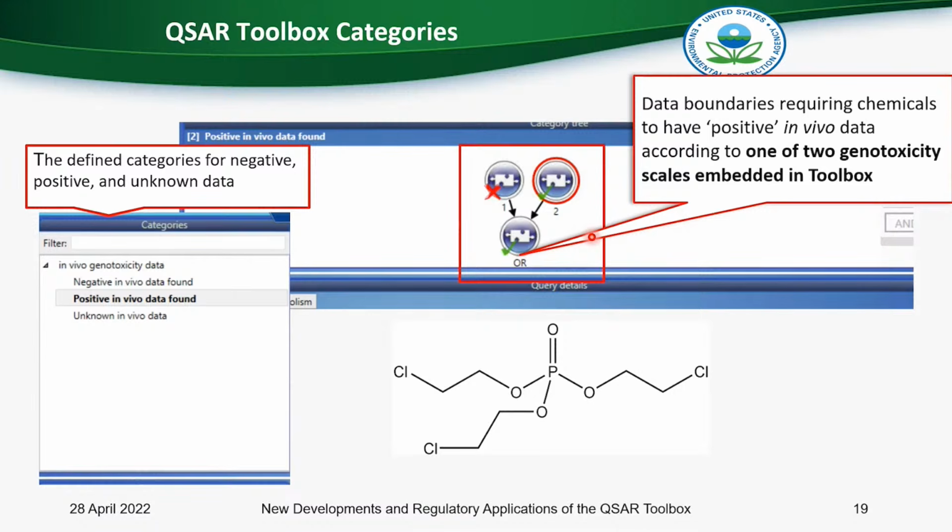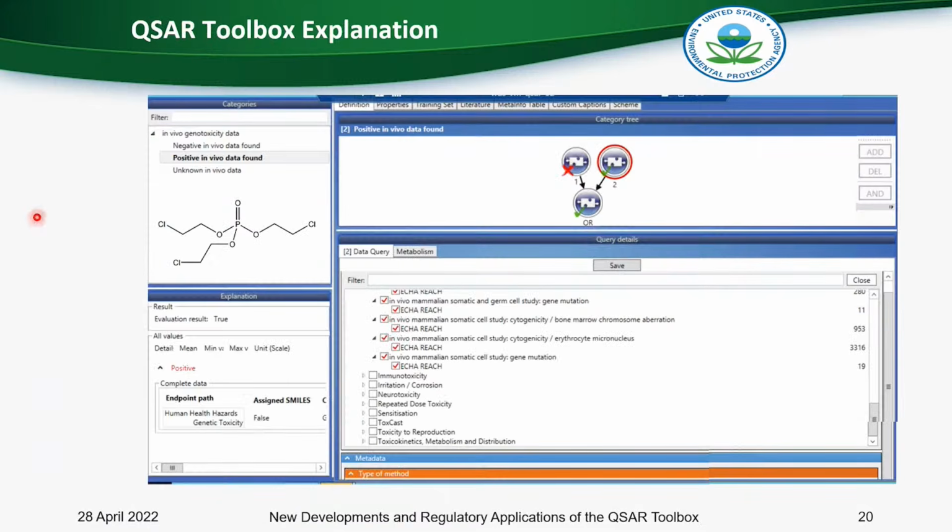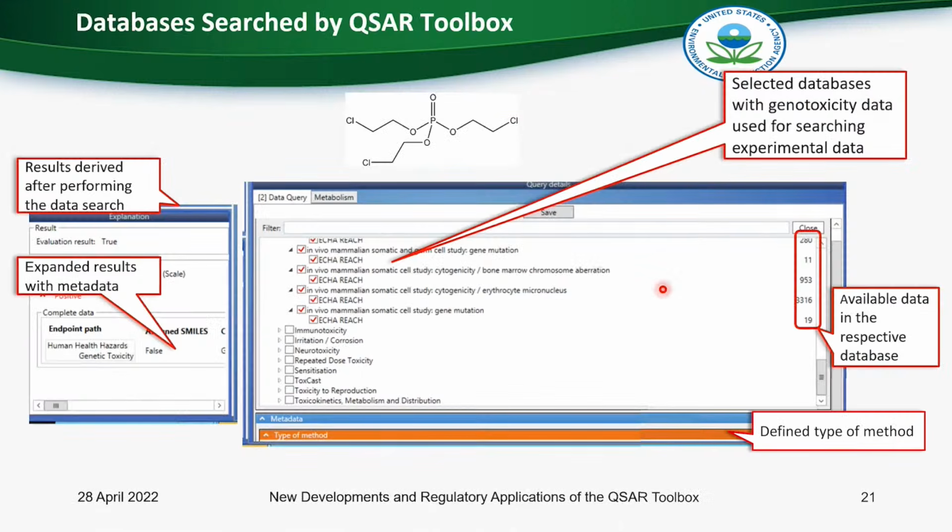Now going back to that whole panel that shows the complete explanation, if we focus on the bottom, we can see how QSAR Toolbox arrived at this result. These are all of the databases that QSAR Toolbox searched to look for genotoxicity data. And you can see all of them listed. All of the available data is listed here on the right in terms of numbers. You can see 280, 11.